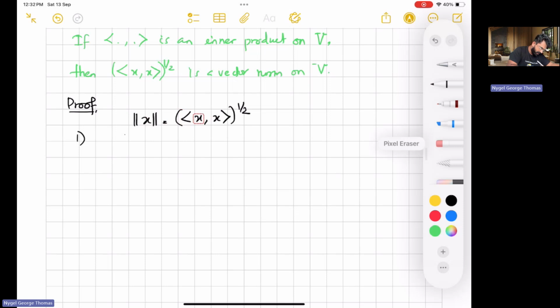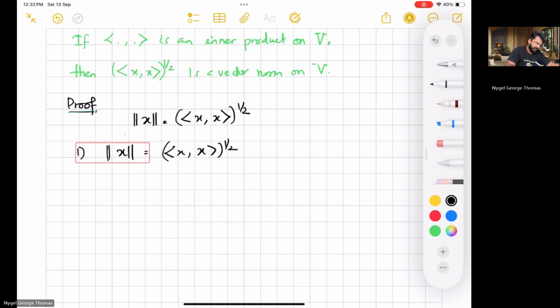This is how we have defined the norm using the inner product, right? So the norm of x is greater than or equal to 0. How? By the definition of the inner product, because the inner product of x with itself is always greater than or equal to 0. So if you take the square root of that, it will again be greater than or equal to 0. This is by definition.